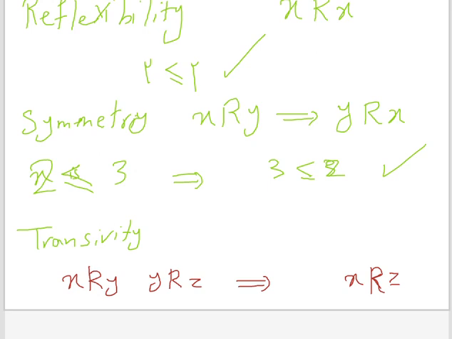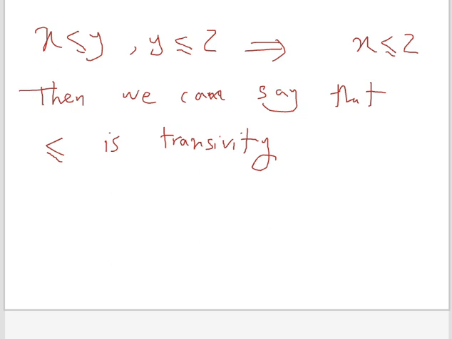For example, x less than y and y less than z, then I can say that x less than z. This is transitivity.